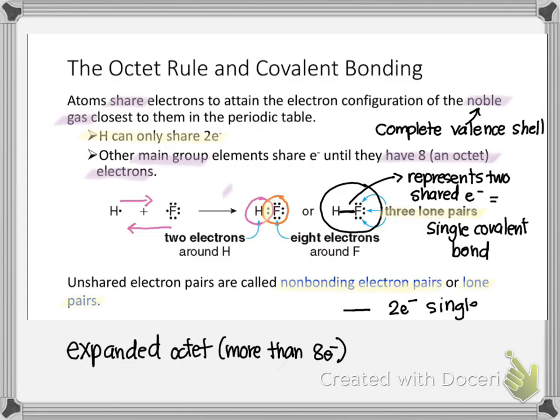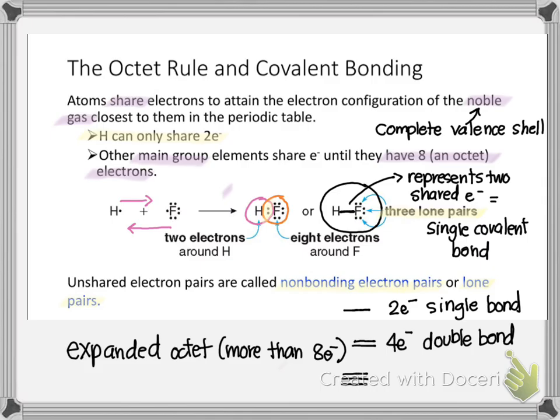And it's a single covalent bond, but I don't have enough room. You could also see a double line. Okay, this is 4 electrons being shared. So this is how we're going to draw shared electrons as a line between atoms. This is called a double bond. And then finally, we could have 3 lines.